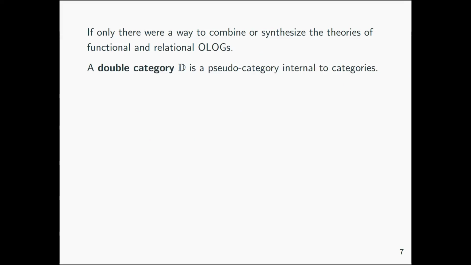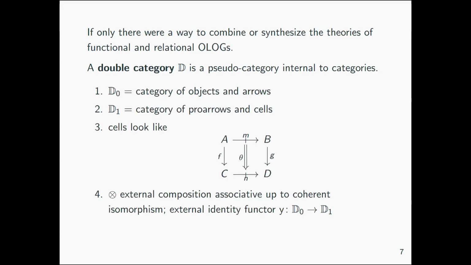So we've already heard double categories mentioned. I'm presuming this to be like a ground level exposition, so I just want to remind us what a double category is. This is how I think about them. We've got ordinary objects, arrows, just a category. You also have a second class of what are thought of as arrows, namely pro-arrows. These go, once again, between objects.